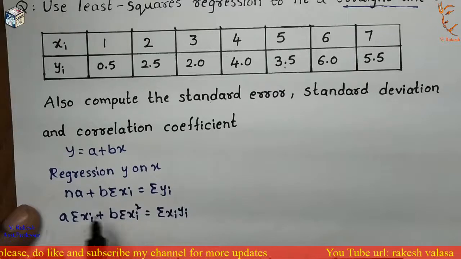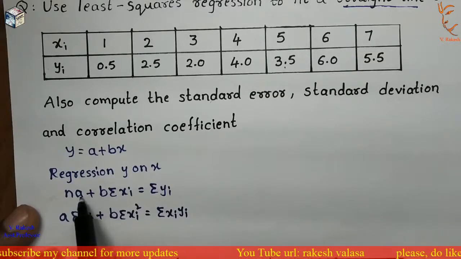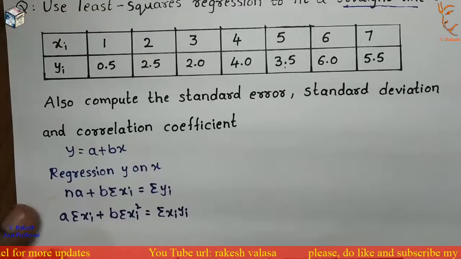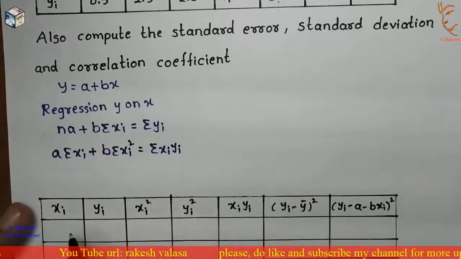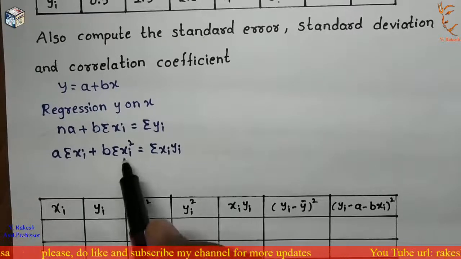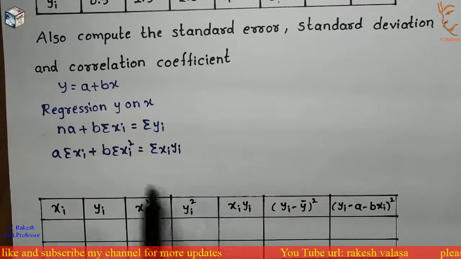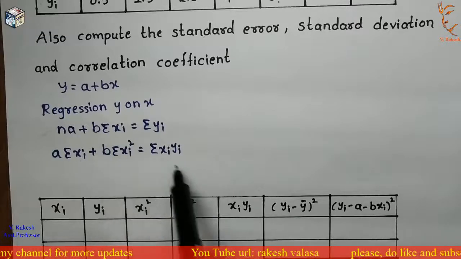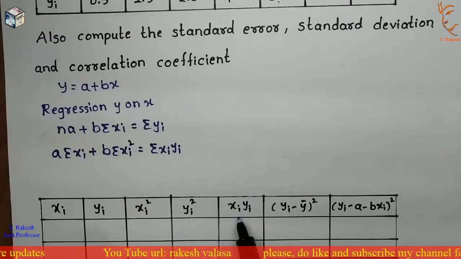For calculating these coefficients a and b, I constructed one table: xi, yi, xi square, yi square, xi yi.